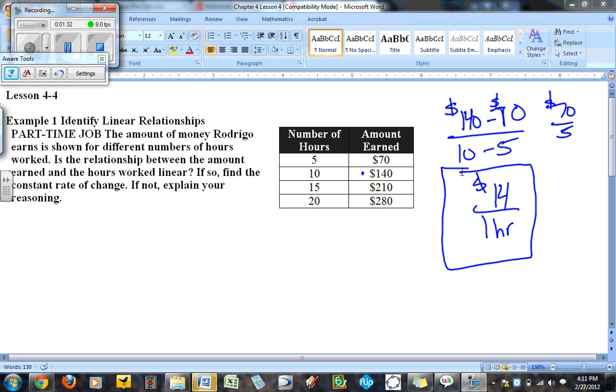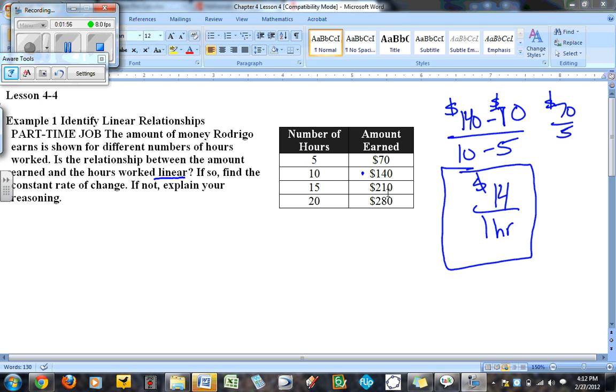The question asks, is this linear? Well, first of all, linear means a straight line. So if something is increasing or decreasing at a constant rate, it never changes, it's said to be linear. So this is always linear. It's increasing at $14 per hour, or in this case, $70 per 5 hours.